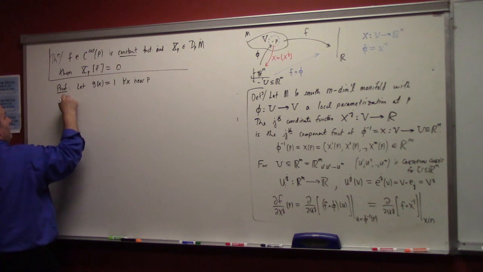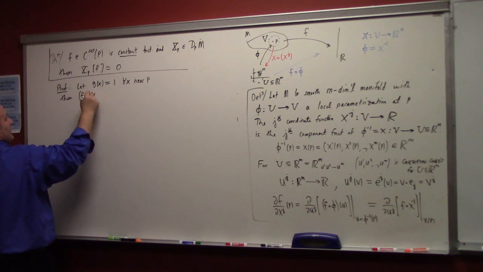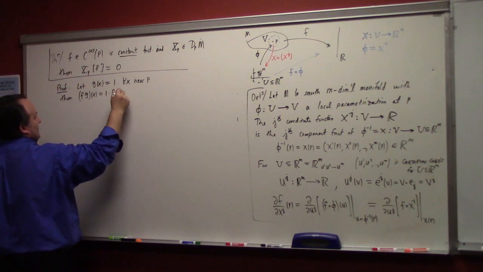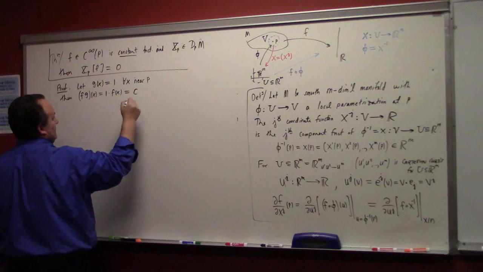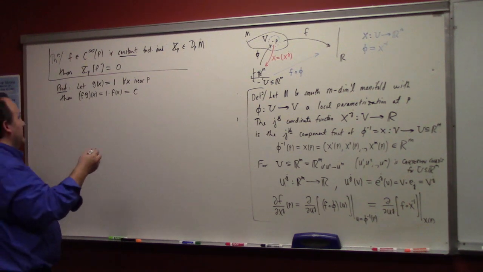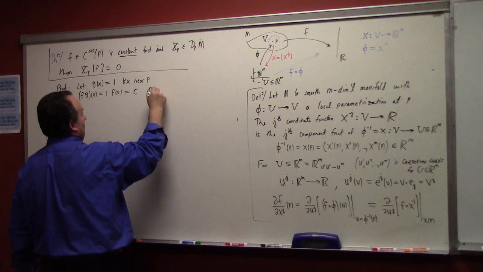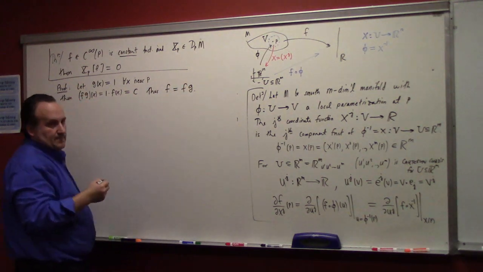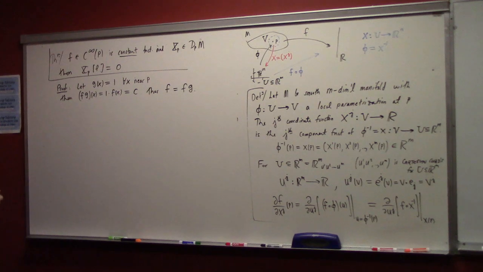Then fg of x is just equal to 1 times f of x, which of course is equal to a constant, whatever the constant value is. Thus, f is equal to fg.